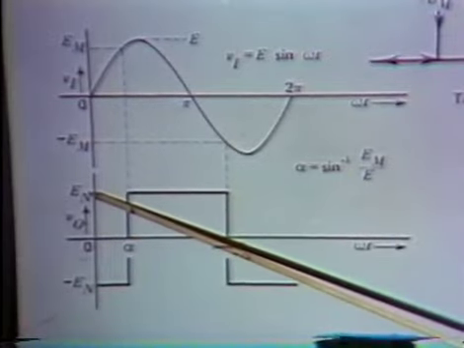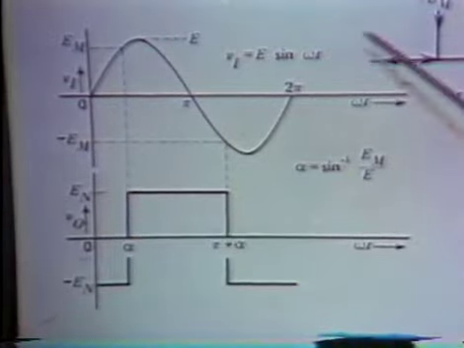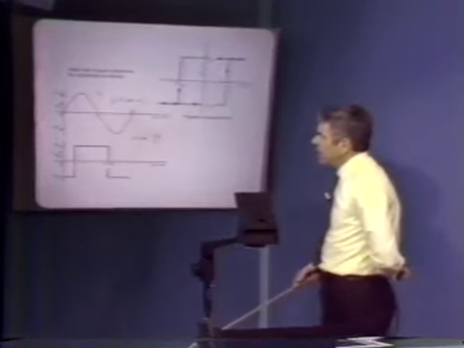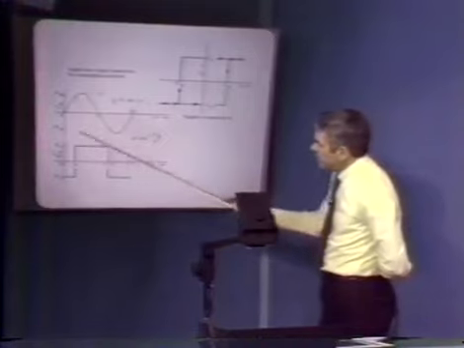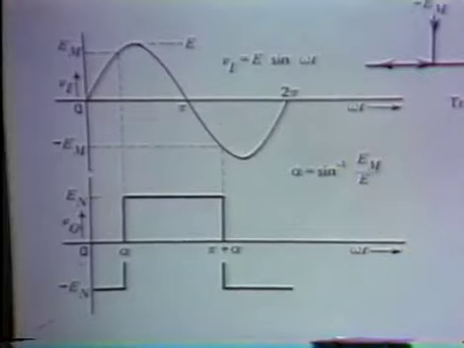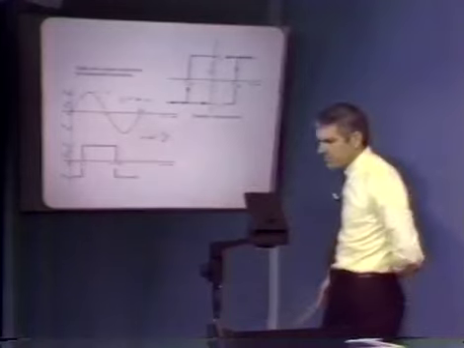The peak amplitude of the square wave is E sub n, or minus E sub n in the other state. And the switching point occurs when the input sinusoid gets up to a level of E sub m.